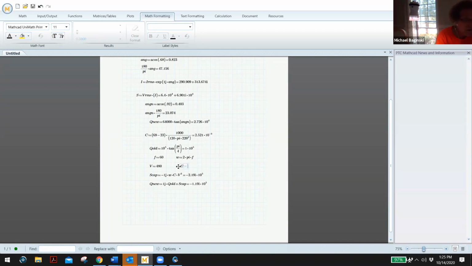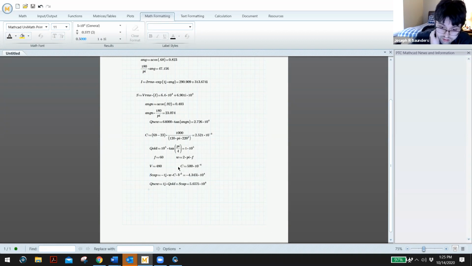C on this one was 500. It's 500 microfarad, right? Yeah. All right, this would be the new value of Q new that I get, 56 kVAr. Do you all agree with that?